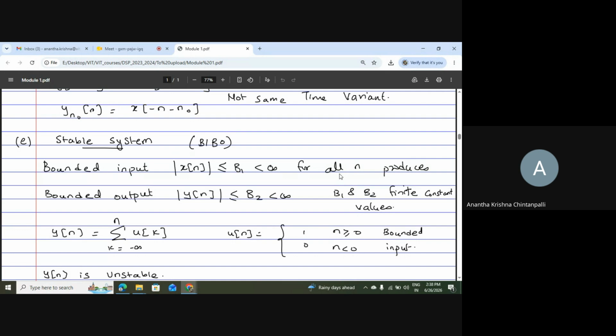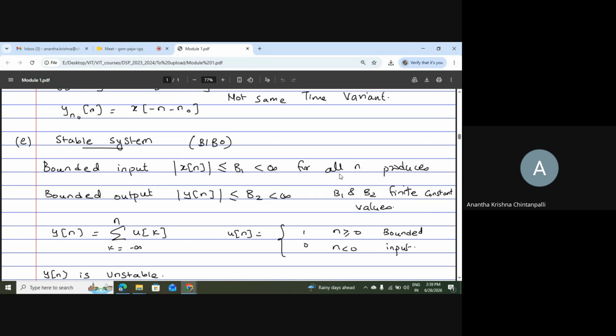Okay, this is where again students do get confused. They just look at some values of n and don't check other values of n, and they conclude that it's a stable system or an unstable system. But what you need to do is look at all values of n, including n equal to minus infinity and infinity.